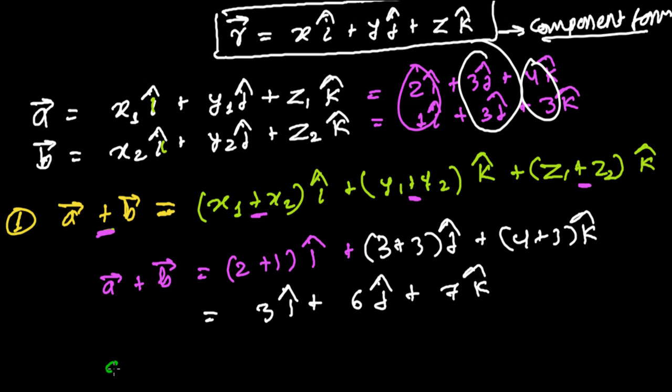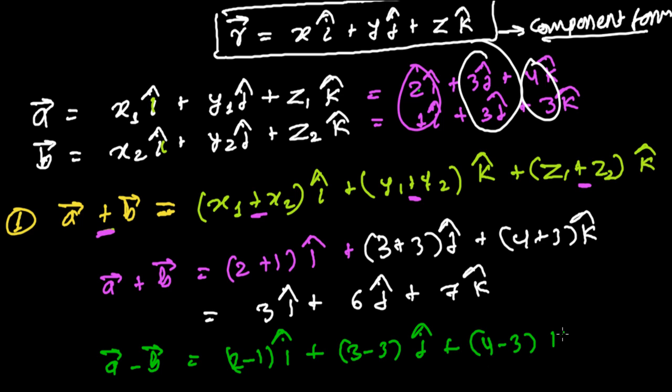And if you find vector a minus vector b, then that time simply take the difference of the x coordinate, the y coordinate and then the z coordinate. So difference of x coordinate, I mean 2 minus 1, it will be 1. You better write like this: 2 minus 1 i cap, and then 3 minus 3 j cap, and then 4 minus 3 k cap.